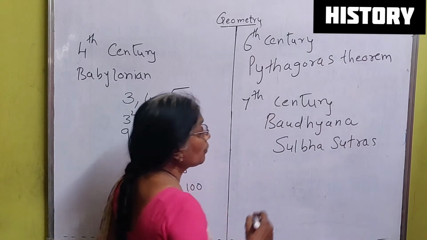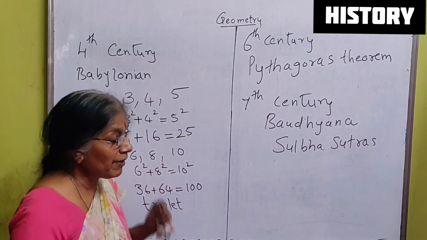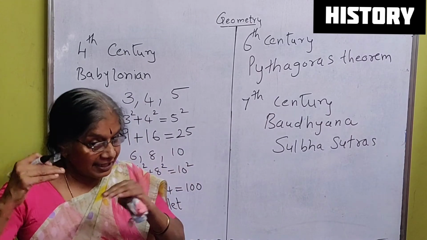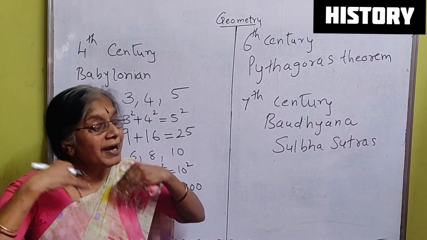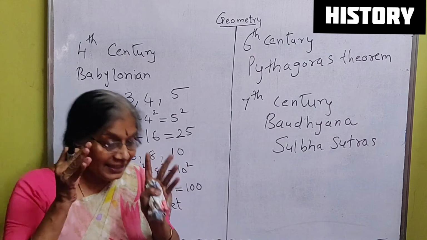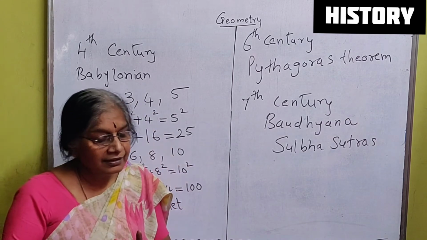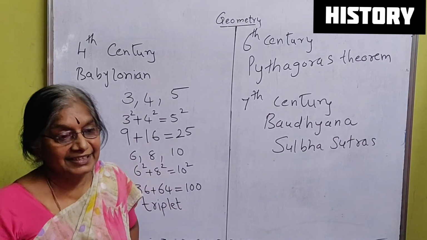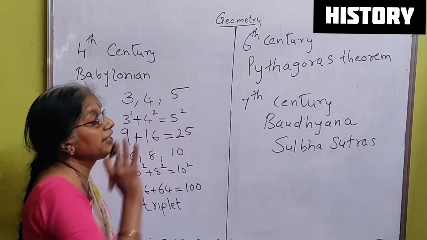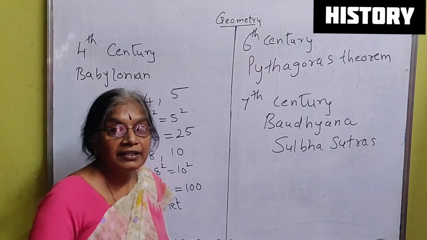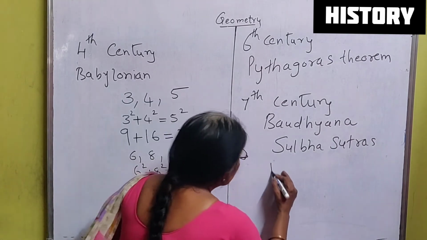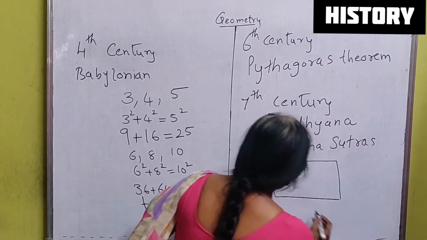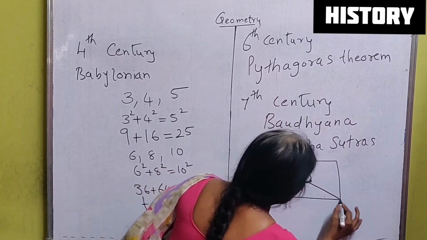He took a rectangle. The area produced by the diagonal of the rectangle is equal to the areas produced by its sides. That is the theorem Bodhiana gave. He took a rectangle and joined one diagonal.